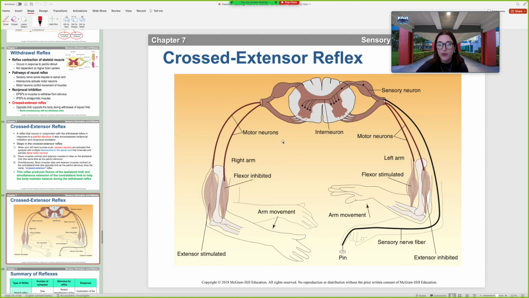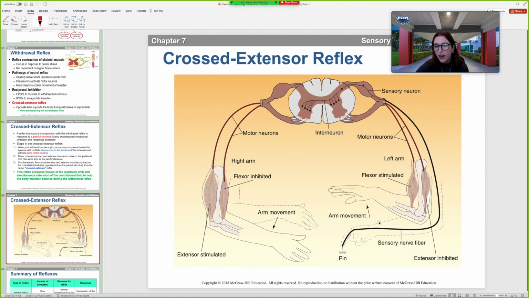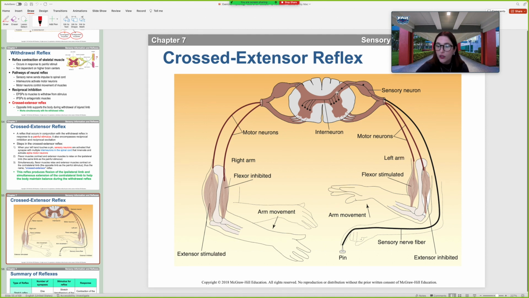Okay, so here we have that here. Here's the painful stimulus, right? So this would be our ipsilateral limb. So we touch the pin, the sensory fibers tell the spinal cord to flex this arm away from the pin and inhibit the extensor, right?